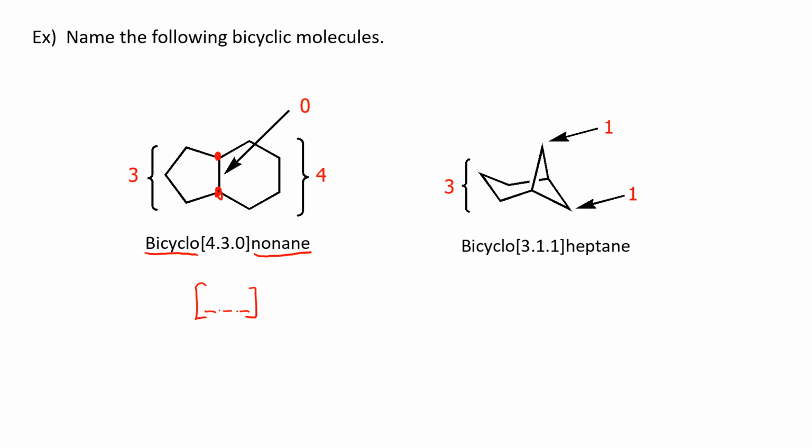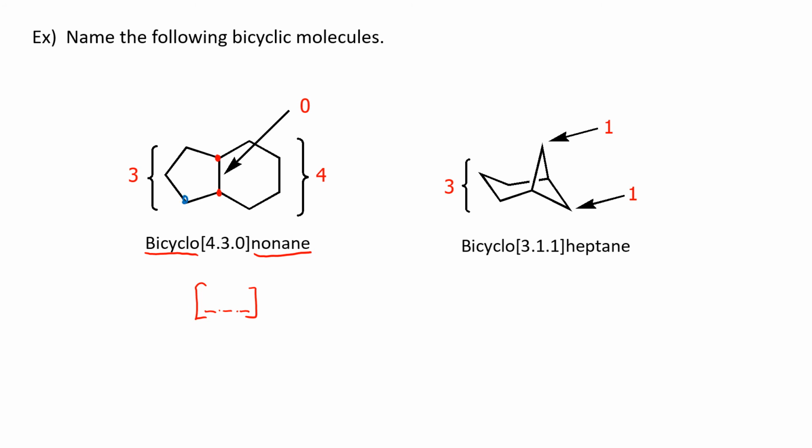Here are our bridgehead atoms. These are the bridgeheads. Okay, so we're going to count the carbons in the path. So there's the bridgeheads. I'll do this with another color.